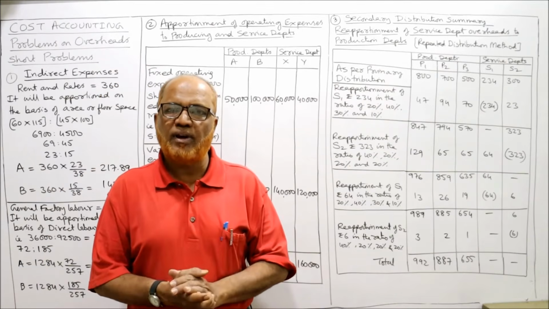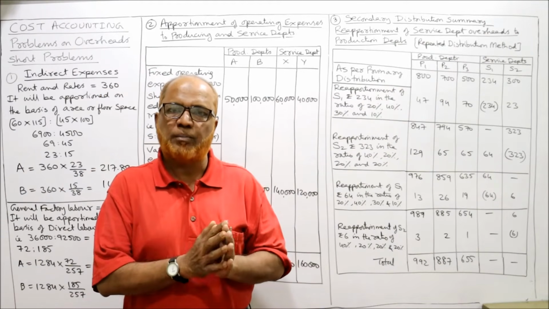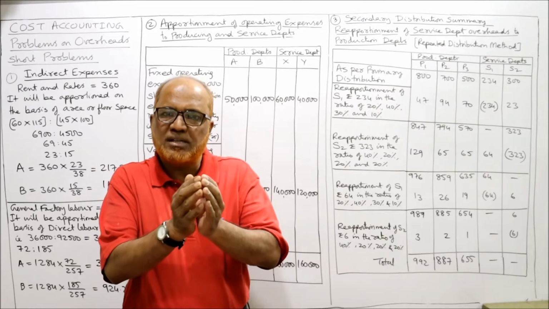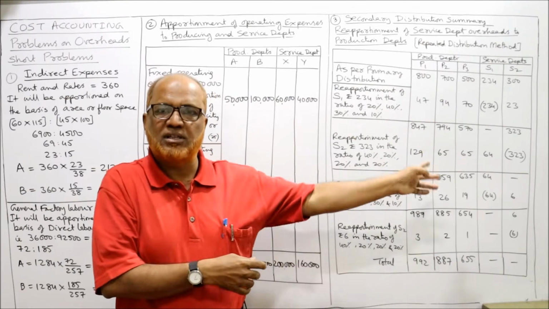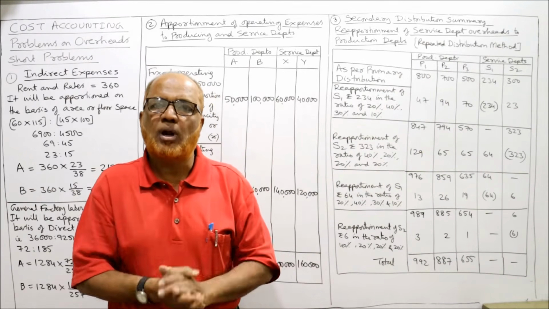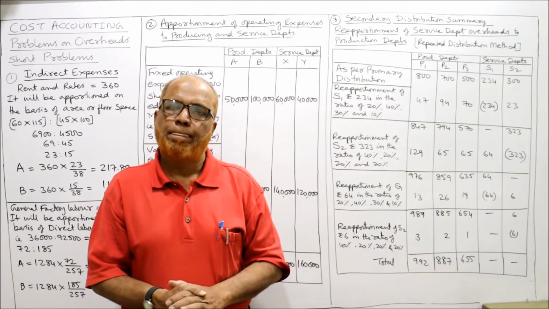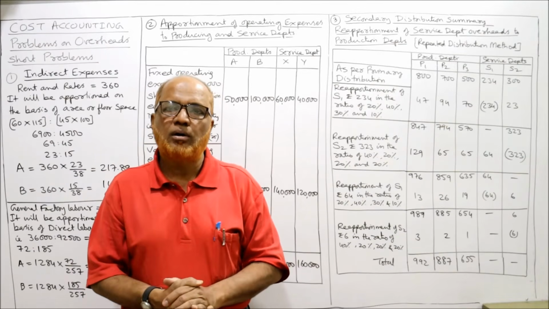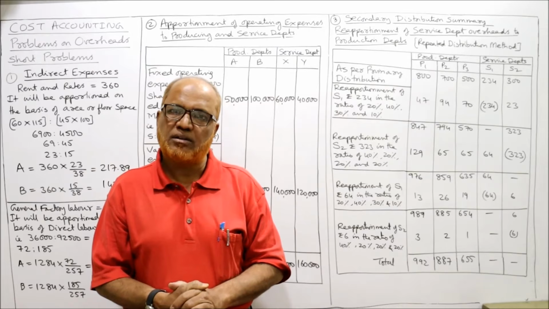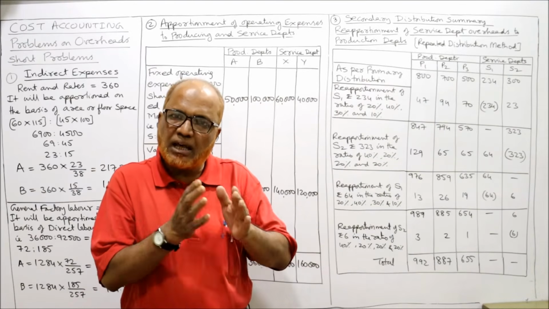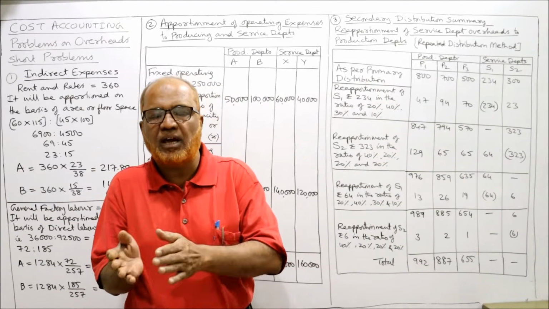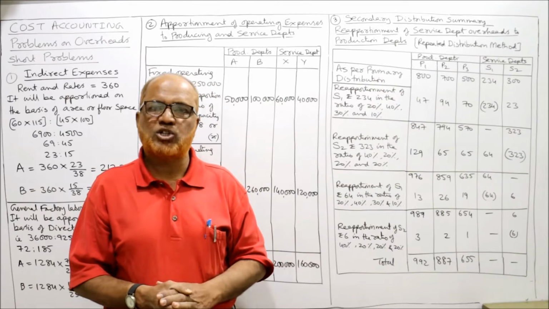This will be applied when there is inter-service department. One service department provides service to another service department, then this method will be followed. This method is called the repeated distribution method. But one more method is there, called the simultaneous equation method. So we can follow either the repeated distribution method or the simultaneous equation method.